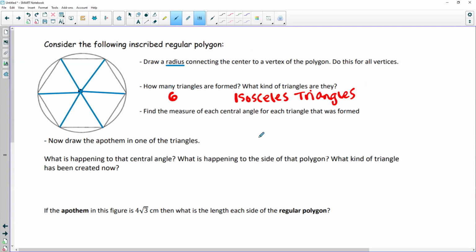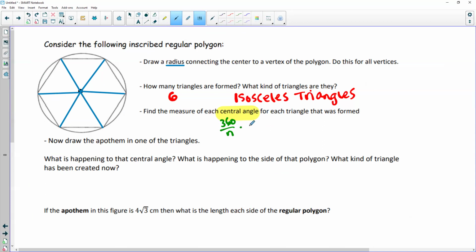And now it's asking us to find the measure of each central angle for each triangle that was formed. This part's going to be extremely important. The way that we find the measure of the central angle for these regular polygons has a formula, and that formula happens to be 360 divided by n, where n represents the number of sides. Well, how many sides do we have here? 1, 2, 3, 4, 5, 6.